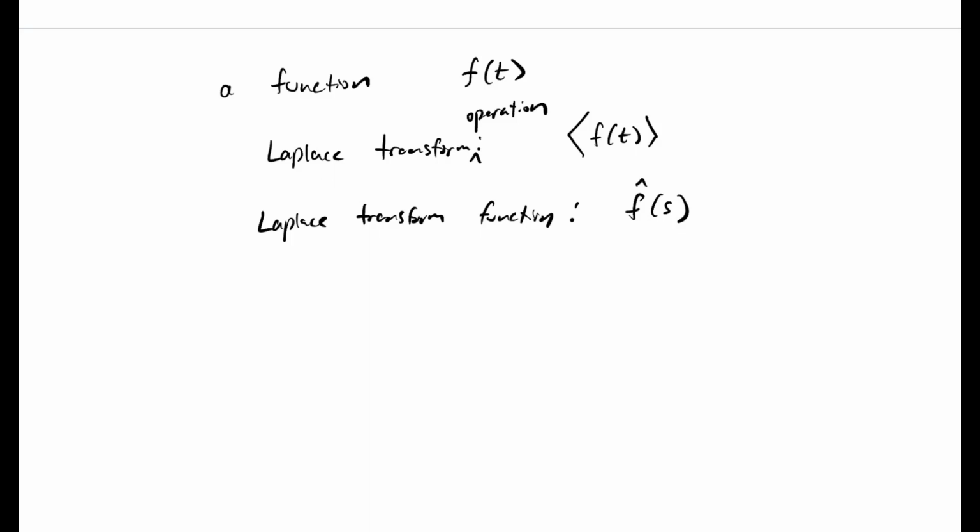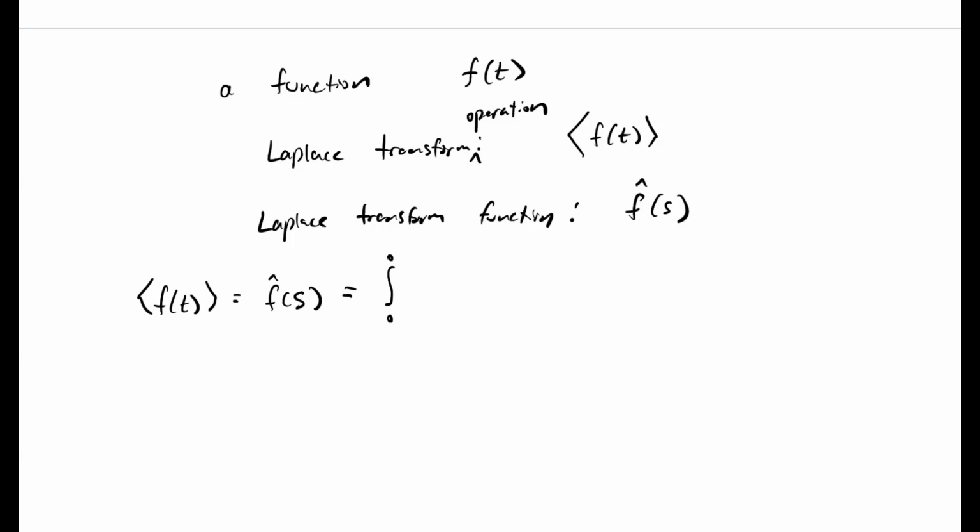Okay, so let's do a quick example here. So I'm going to say my function of time, I'm going to take the Laplace transform of that function of time. I'm going to write it as f hat of s now. And the actual definition of the Laplace transform is seemingly kind of random, but there's a reason to it.